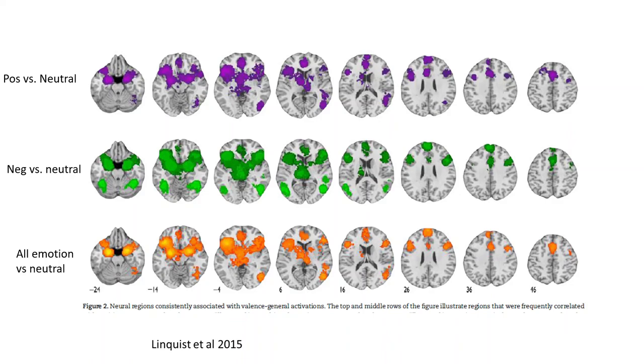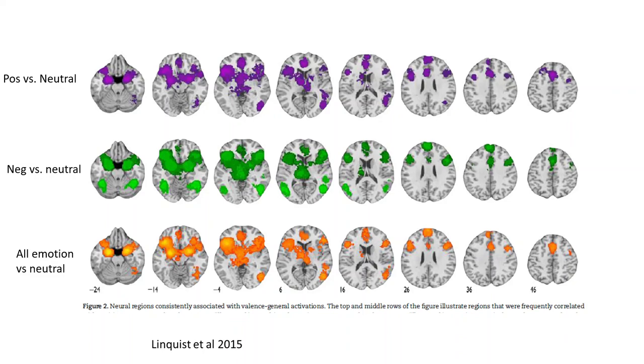But here it's principally amygdala, insula, anterior cortex, and some other areas that you can't see quite as well on the cross section. But you can see at the bottom, all emotions versus neutral, negative emotions versus neutral, positive versus neutral. By and large, all emotions are mapped into the same area of the brain.